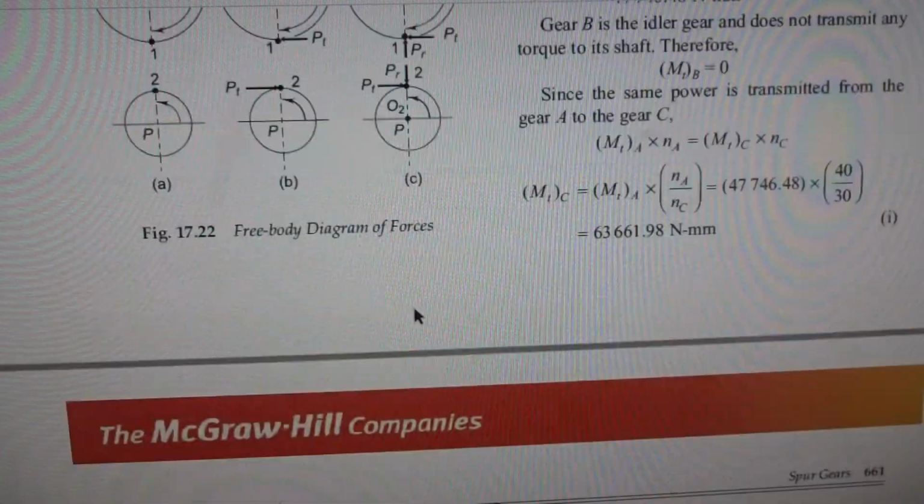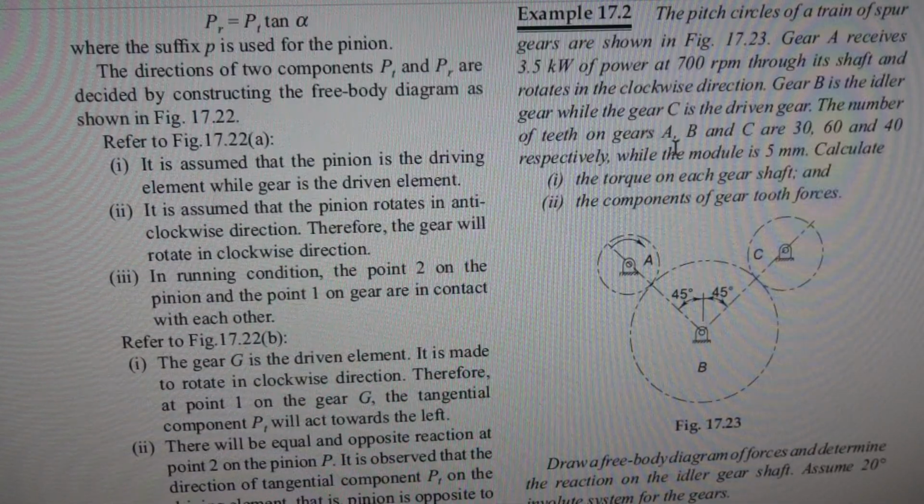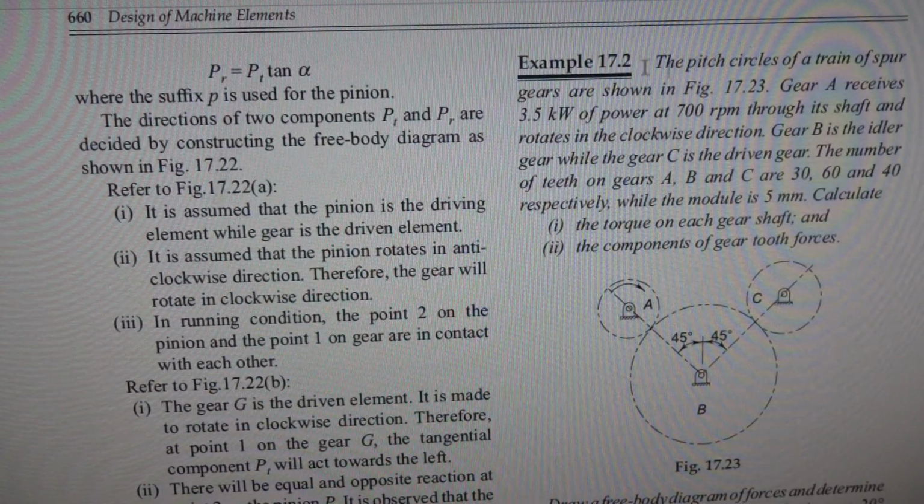From one simple problem you can understand the force diagram easily. There are three gears: this one is the pinion, this one is the idler gear, and this one is the driven gear. The pitch circles of a train of spur gears are as shown in the figure.